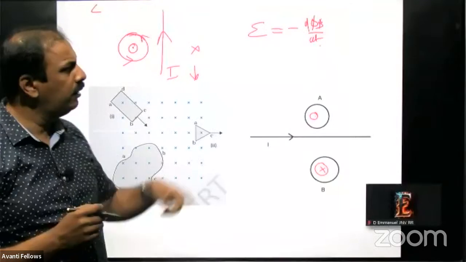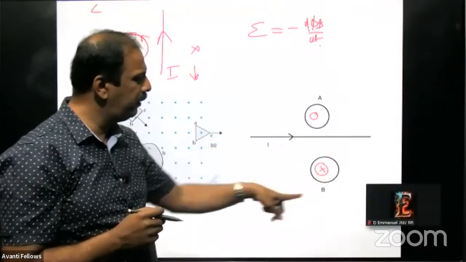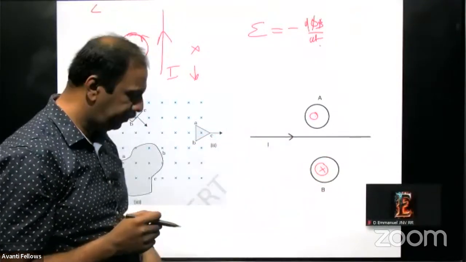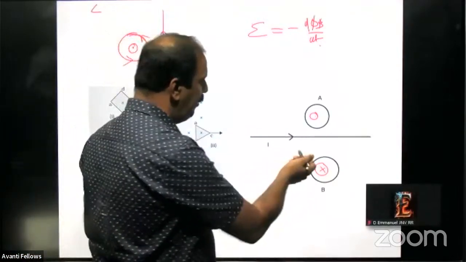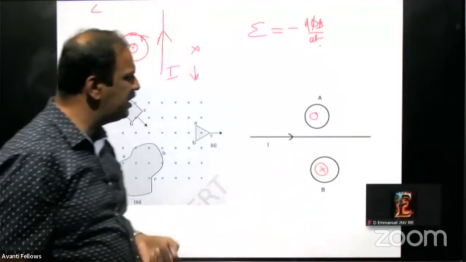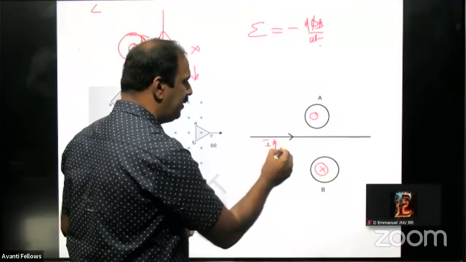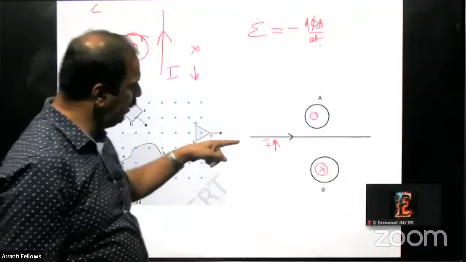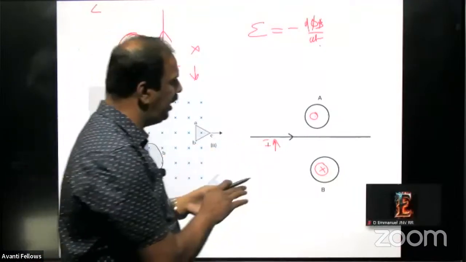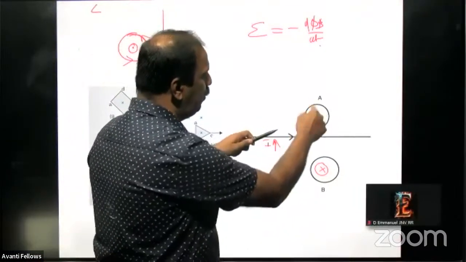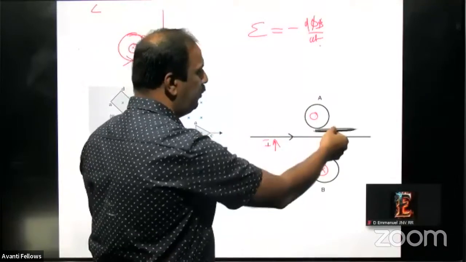Now here you see in this one, the same thing. I am not told whether the current is increasing or decreasing. Okay, we'll take the current I as increasing. If the current is increasing, you see here in this loop A, it is going toward that side.